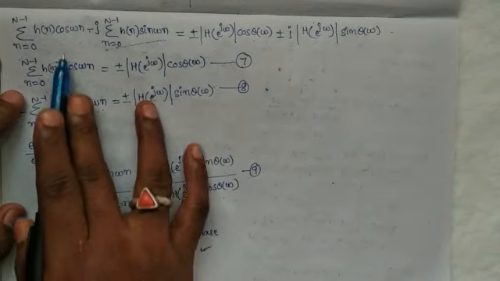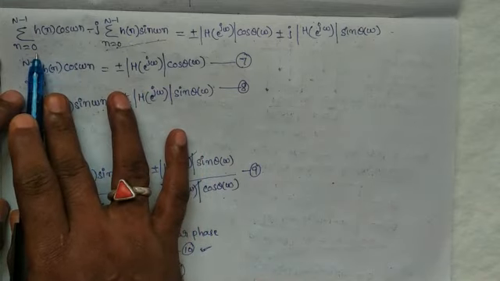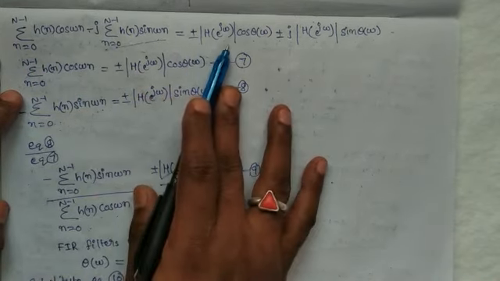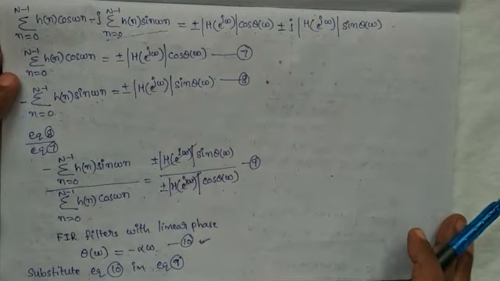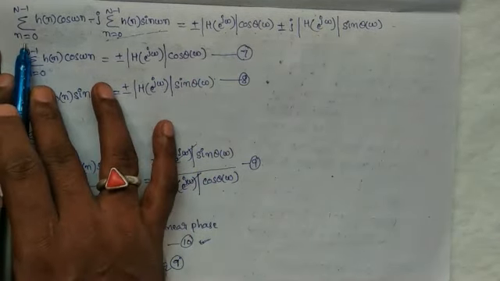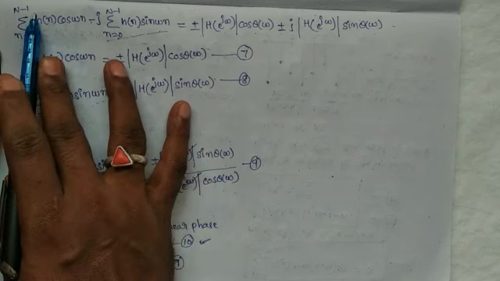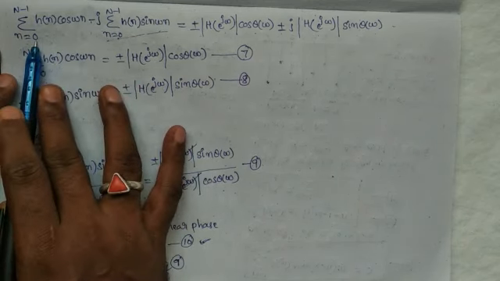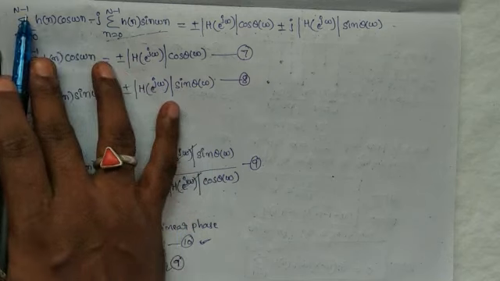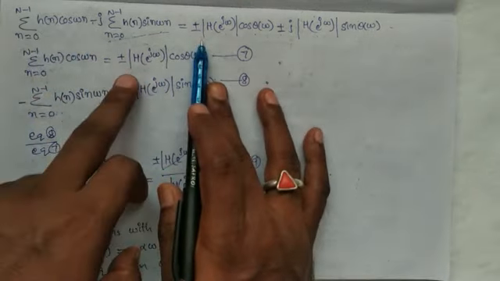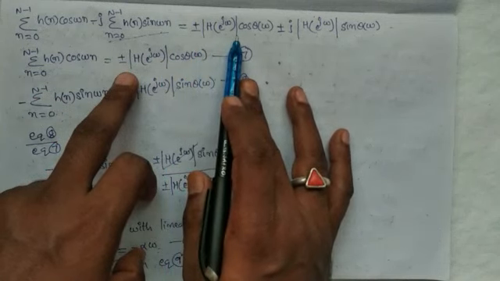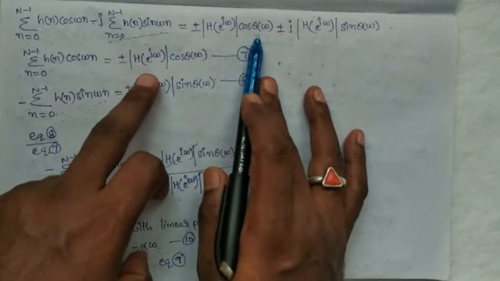From this, on both sides we are comparing real and imaginary parts. First we are comparing real parts. Summation n is equal to 0 to capital N minus 1 h of n into cos omega n is equal to plus or minus mod h of e power j omega into cos theta of omega.